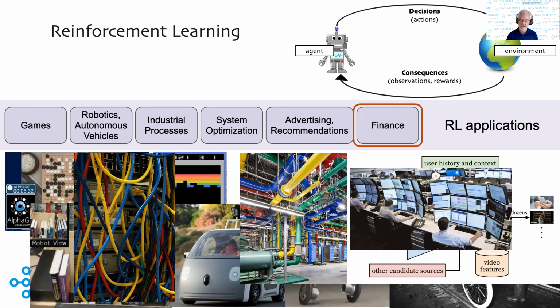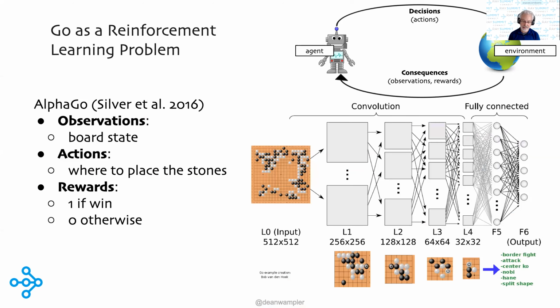Just to peel the onion a little bit, let's talk about AlphaGo again and map what it is doing to that high-level diagram I gave you at the beginning. In this case, the observations are the state of the board. Here's a few snapshots. The actions are, where do I place stones? And the rewards are pretty simple. It's either I win or lose. You could say that some intermediate steps are better than others because of the state that they put the board in and your relative advantage.